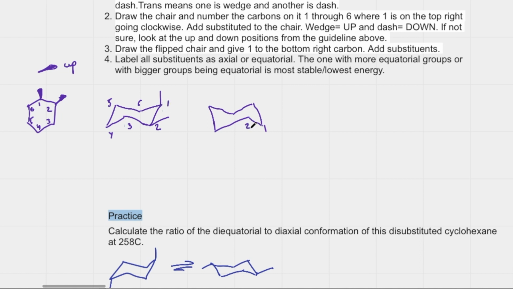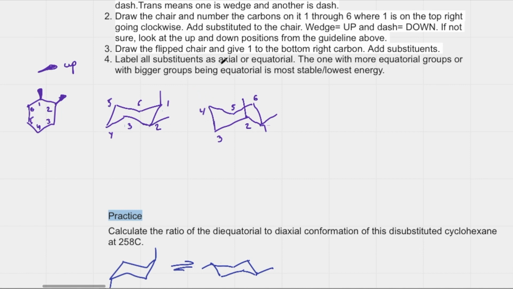Here is this one. 1, 2, 3, 4, 5, and 6. 1 is up. What is up position on carbon 1 here? It's parallel to this line. So this is my methyl here. And 2 is up. What is up position on carbon number 2? It's straight up. So these are my 2 chairs.